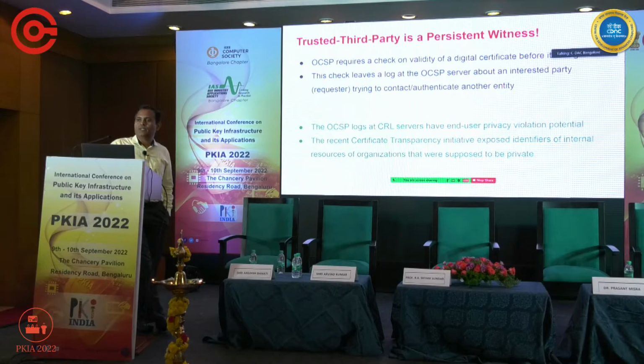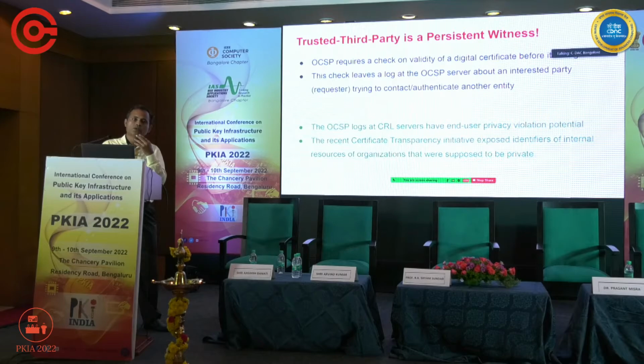And in order to use that digital certificate, if your browser is enabled for OCSP, it is going to ask for its validity status with the CRL distributor. If I am opening my email, mail.google.com, whether the certificate is valid or not will be asked to the CRL. So the CRL knows at what time I am asking this information.